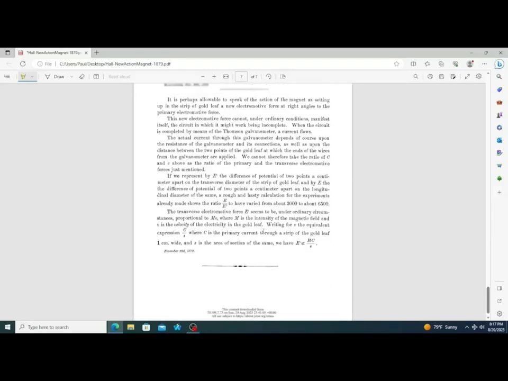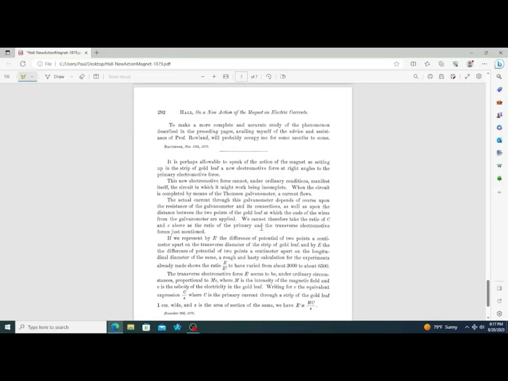We'll just see if we can get his summary here. So just to wrap up the paper, he concludes here, it is perhaps allowable to speak of the actions of the magnet as setting up in the strip of gold leaf a new electromotive force at right angles to the primary electromotive force. And this new electromotive force, under ordinary conditions, cannot manifest itself.